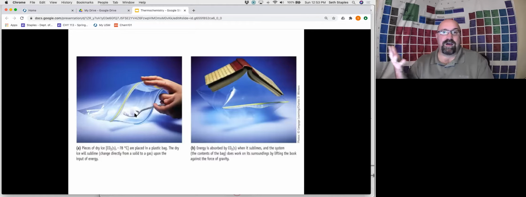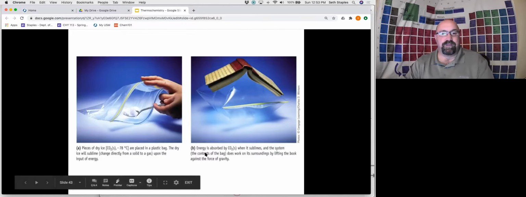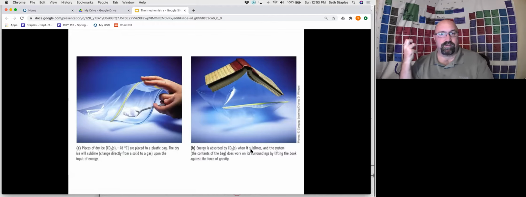And that energy would come, if we're setting it out, from the ambient temperature in the room, for instance. When that happens, energy is going to be absorbed by the CO2 when it sublimes. And so we're going to get an energy change. Energy is being absorbed by the CO2. So there's our heat energy.